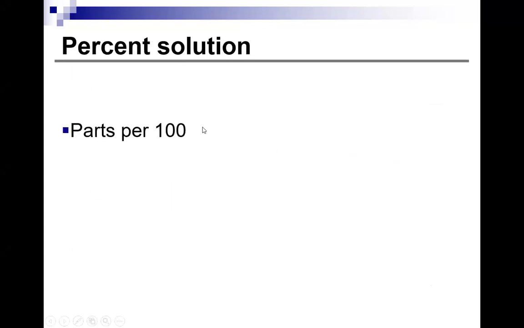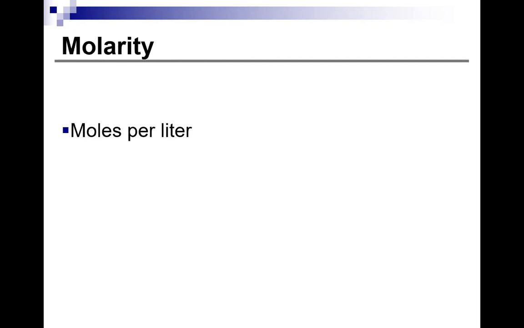When we look at percent solution, percent solution is in parts per 100. So whenever you see percent, just like if you're figuring out your grade, it's parts per 100. So if you're doing percent solution, you would take the amount of your solute over your total solution times 100, and that's going to be the percent of your solution.